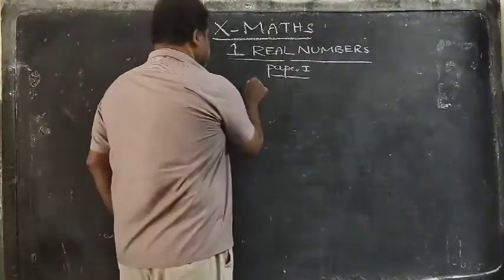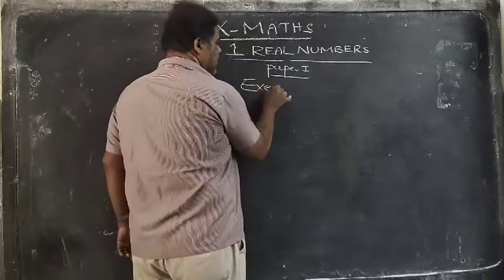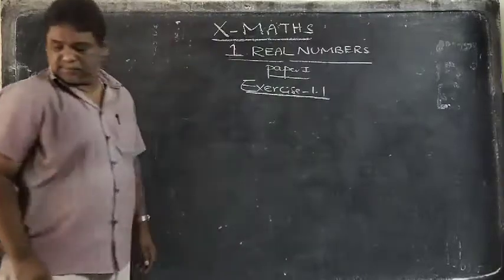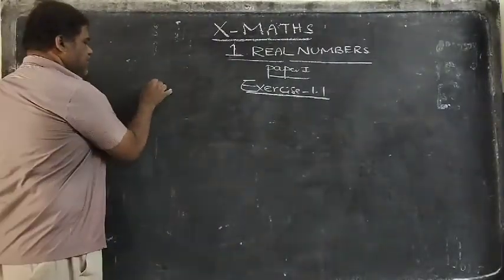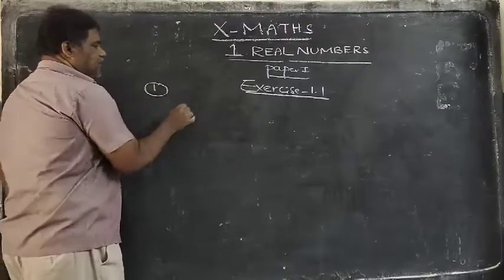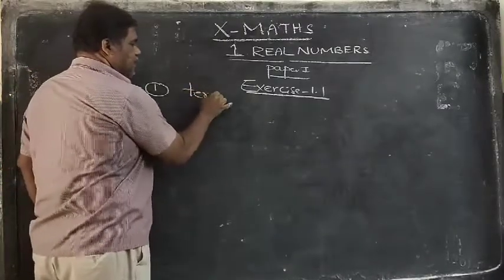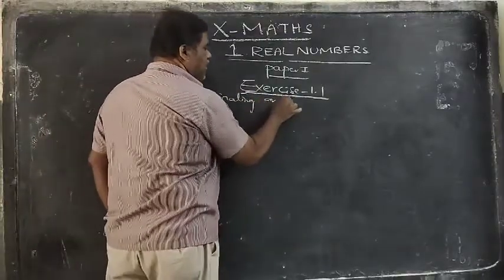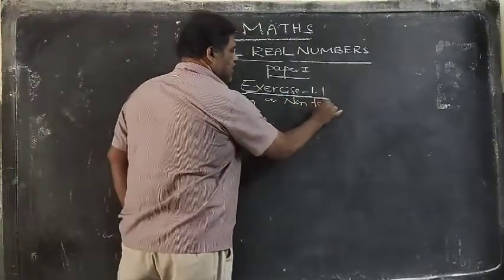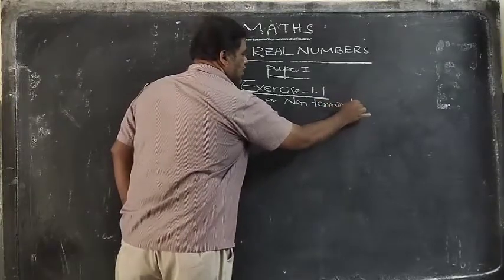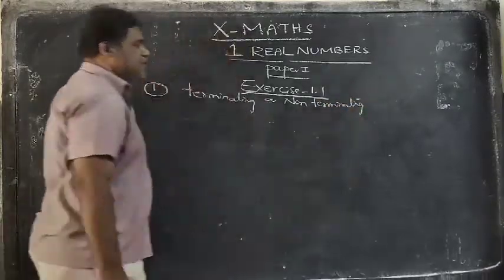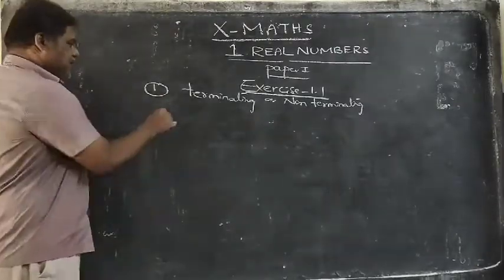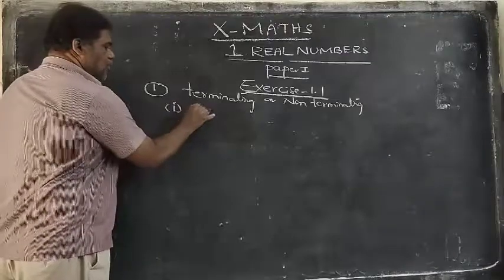Now let us start exercise 1.1. First question: which of the following fractions are terminating or non-terminating? First one is 2 by 5.